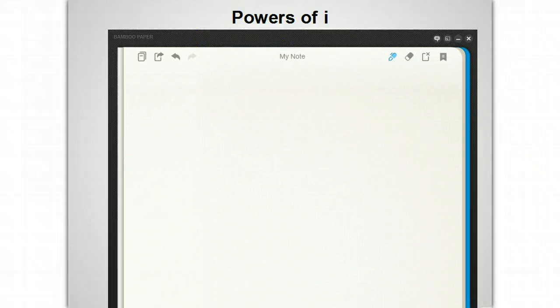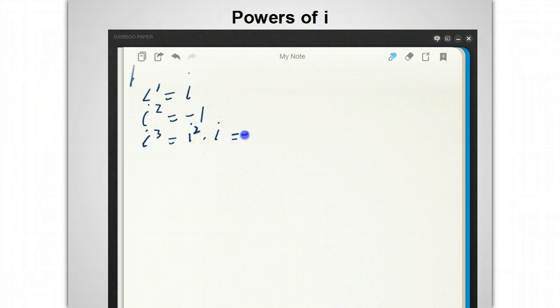So we're going to begin with i to the first. i to the first is equal to i. i squared is -1, kind of by definition. i cubed is equal to i squared times i.